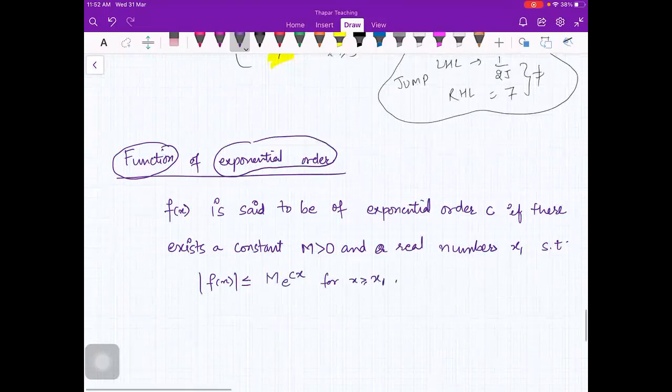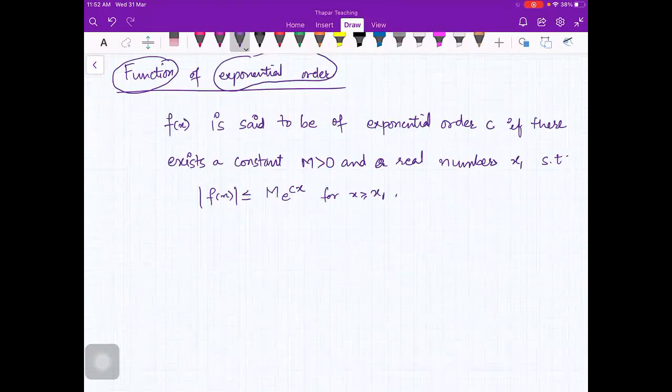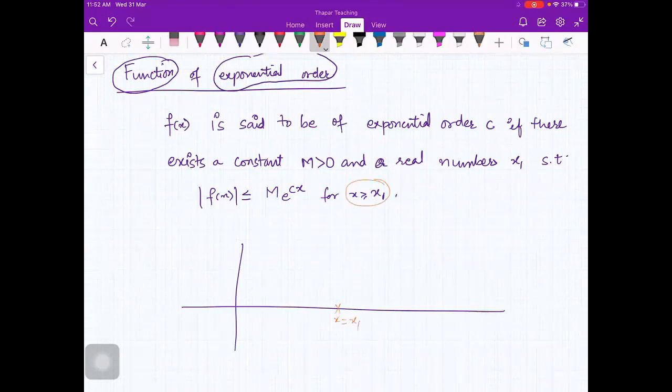Okay, so इसका क्या मतलब है? ज्योमेट्रिकली इसका क्या मतलब है कि एक पॉइंट आता है x is equal to x1, जिसके बाद graph of f of x, like magnitude of f of x, is lower than m times e raised to power cx. Is this clear?